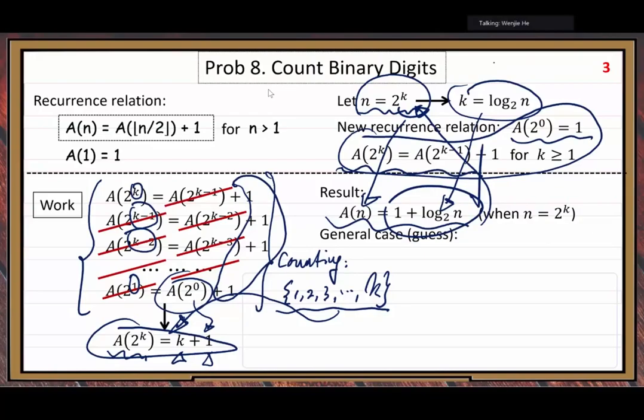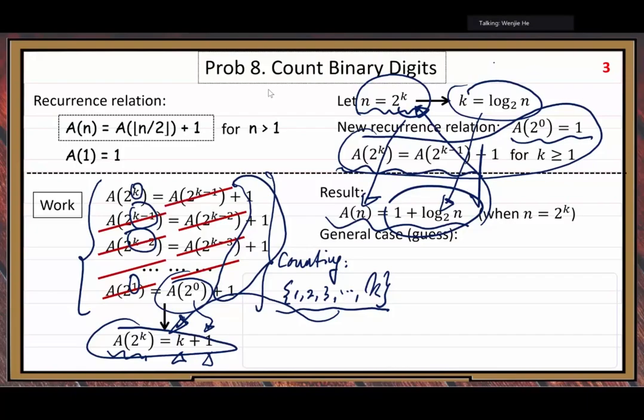So when we make the guess, our idea is that the number to be guessed should be close to this one, not far away. Because when n is a power of 2, it is exactly this one. But when it's not a power of 2, it's near this number.